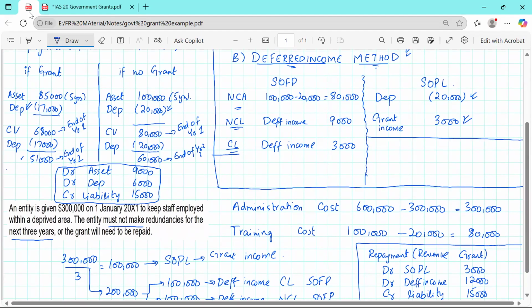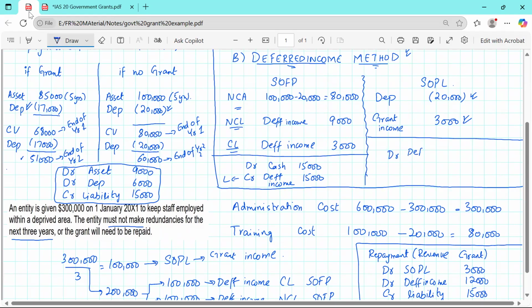So initial measurement would have been debit cash 15,000, credit deferred income by 15,000. So this was your liability. Now, after 1 year's time, you would have done what?